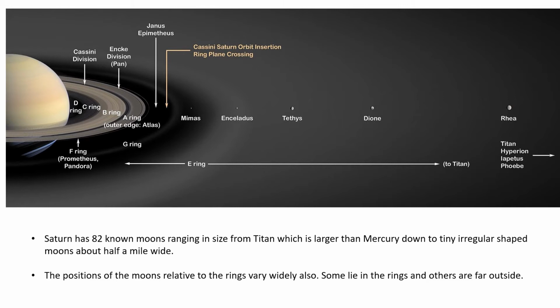And then this moon Enceladus is actually right in the E ring. In fact, we're going to see Enceladus actually creates the E ring. It shoots out water which freezes and produces this very thin icy E ring. We have then a couple more moons, and then coming out here to this moon Rhea, and then Titan is finally further out. It's actually outside the picture.